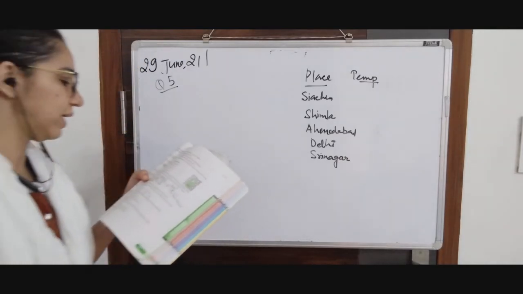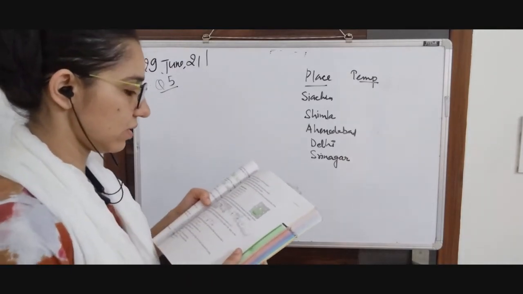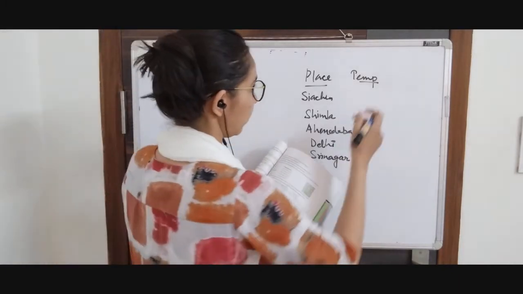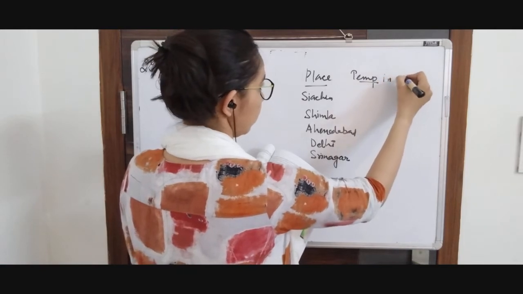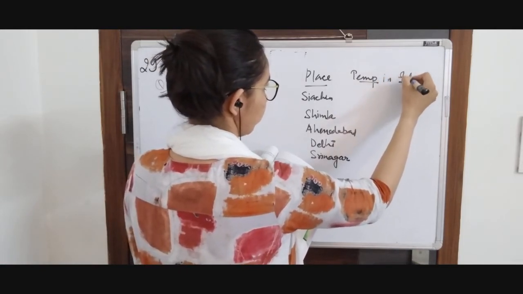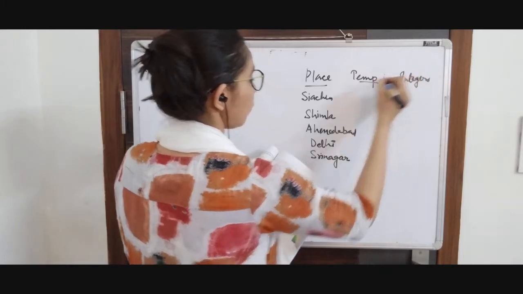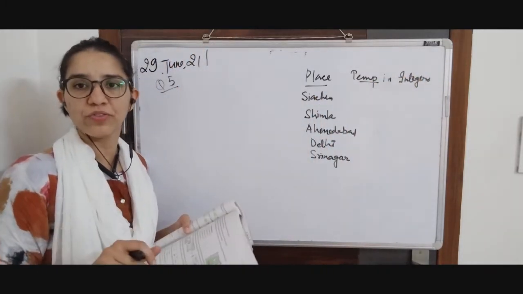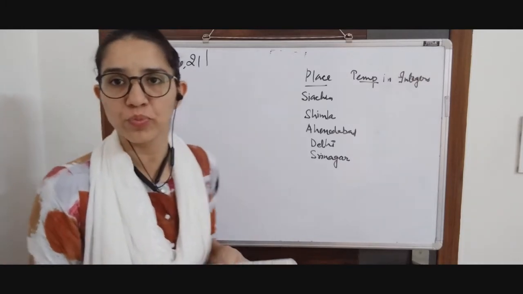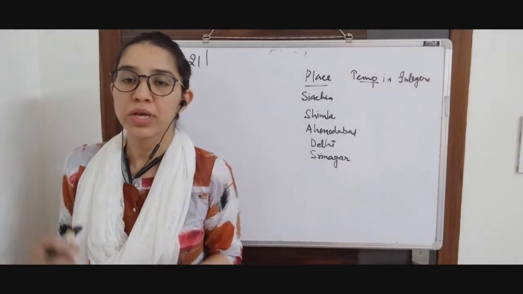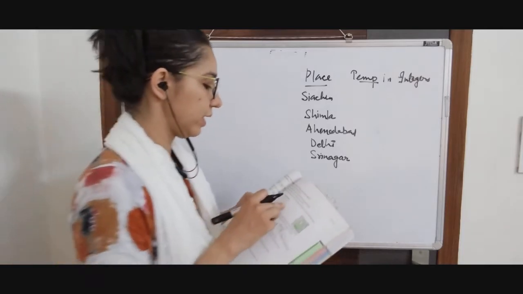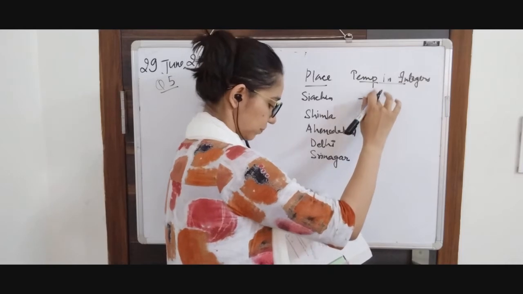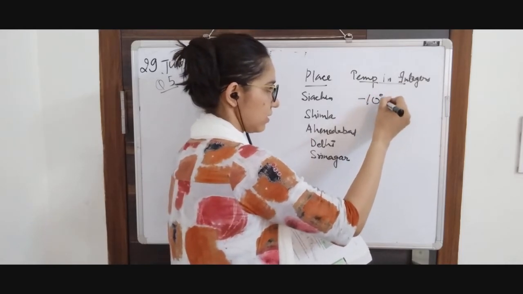You have to write the temperature of these places in the form of integers in the blank space. If the temperature is above 0 degree Celsius, we are going to use the positive sign, and if the temperature is below 0 degree Celsius, we are going to use the negative sign. So 10 degree below 0 degree Celsius is going to be minus 10 degree Celsius.